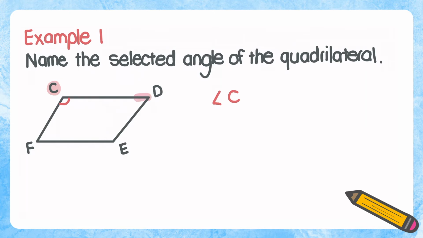We can start from here and call this angle DCF. Or we can also go the other way. We can start from F instead and go to D. In this case, we have angle FCD.